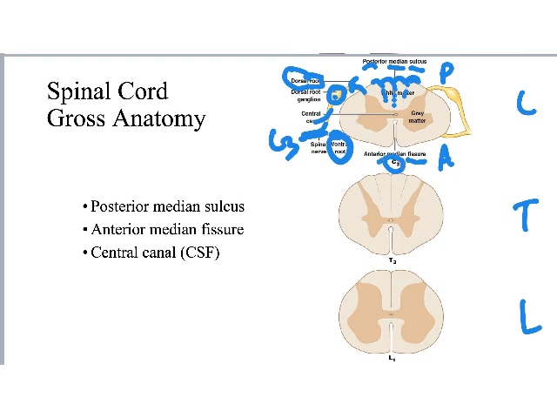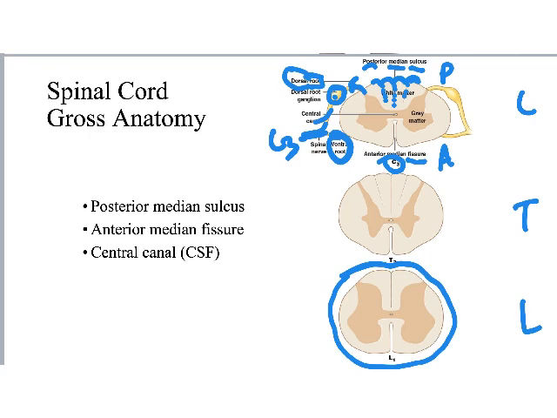All right, I forgot to mention the central canal right down. So the spinal cord itself is surrounded by covering layers, the meninges that we talked about in the brain: the dura, the pia, and the arachnoid.